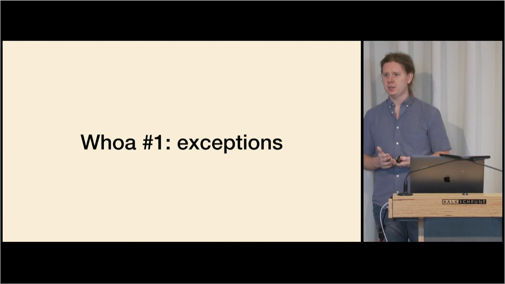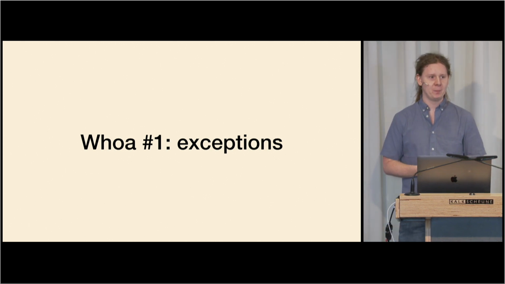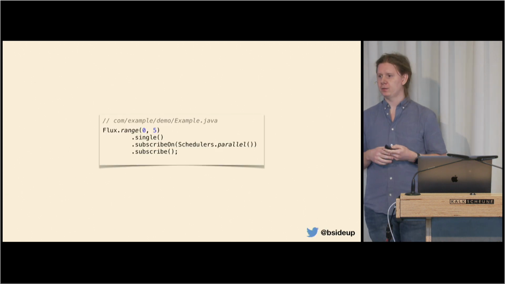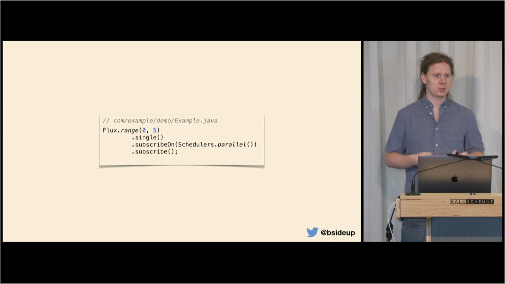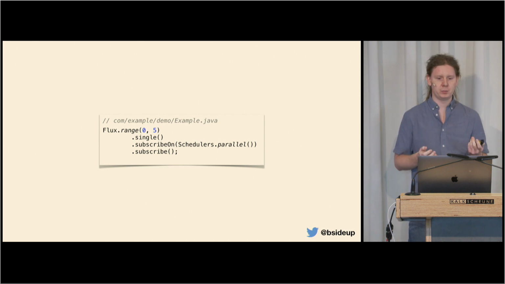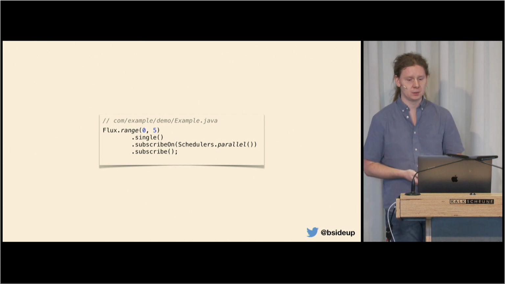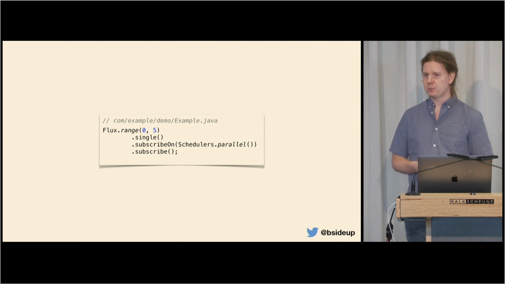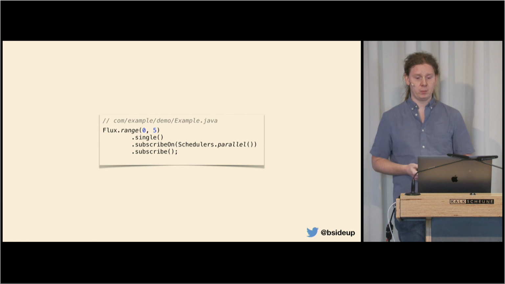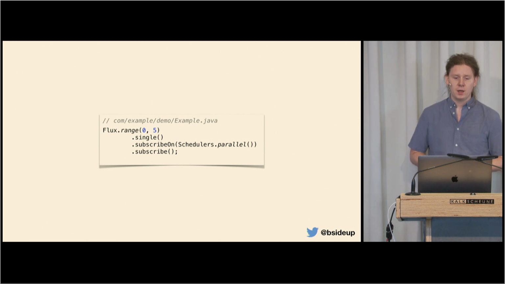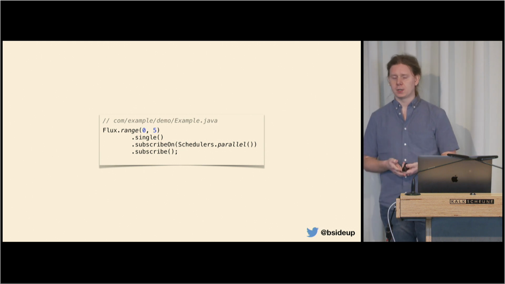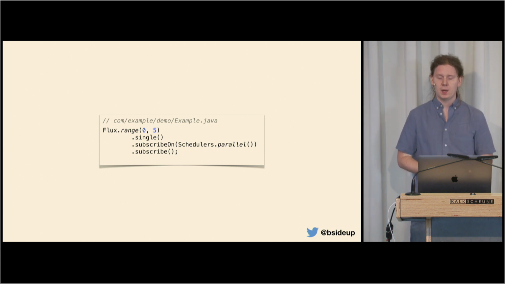It's so simple, yet tricky, because in Project Reactor, let's say you have such code, where you have some range of items that will simply emit 5 items from 0 to 5. Then you say, okay, I expect it to emit only a single element, the second line. And then I would like to perform the subscription on a parallel scheduler. I'll be talking about this a bit later.